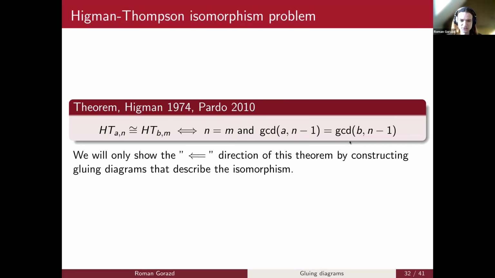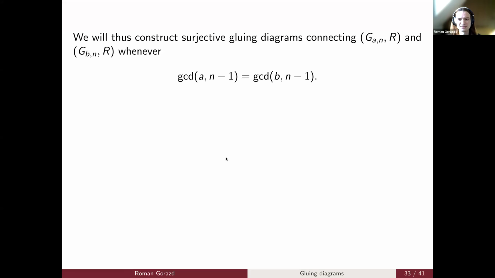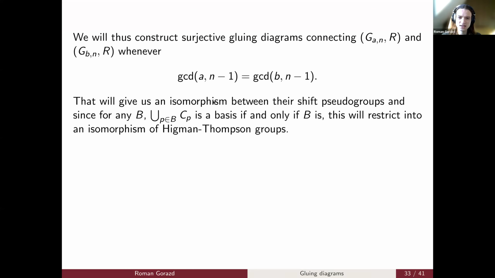We will only show the right to left implication. The left to right implication was already shown by Higman, and it's not very relevant here. So we want gluing diagrams connecting G_{A,N} and G_{B,N} whenever the GCDs line up.